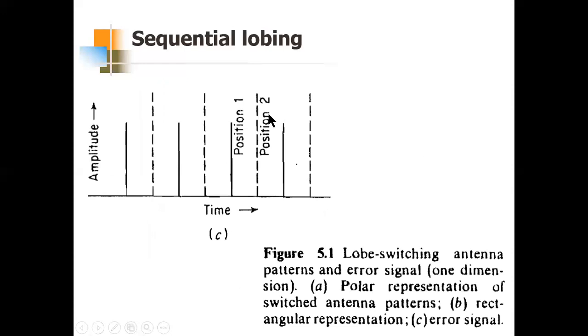If you need angle measurement in the orthogonal coordinate, that is up and down, then we need two additional switching positions, not beams. Just switching positions. So a two-dimensional sequential lobing radar might have 4 feed horns illuminated by a single reflector antenna. A reflector antenna is just an example of an antenna which could be used for sequential lobing.